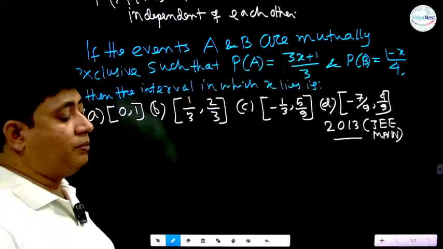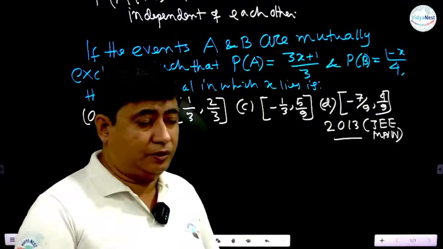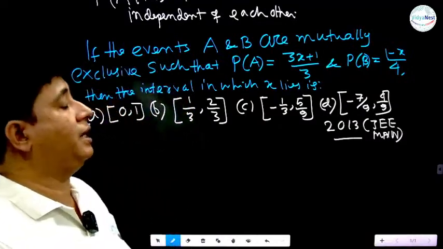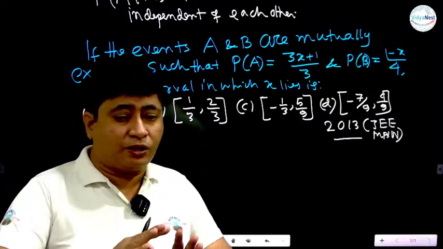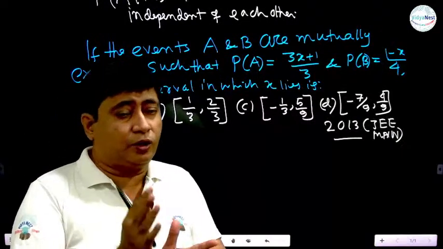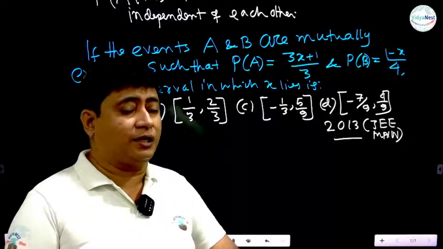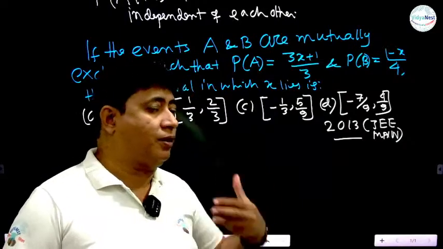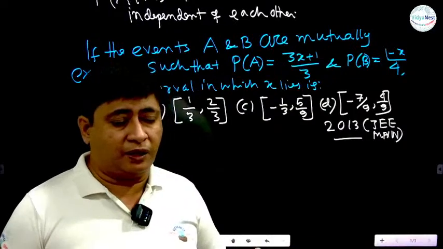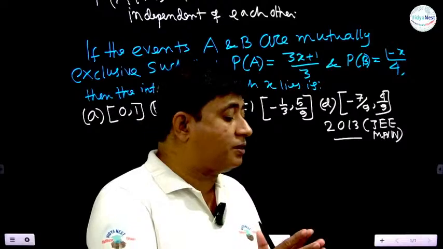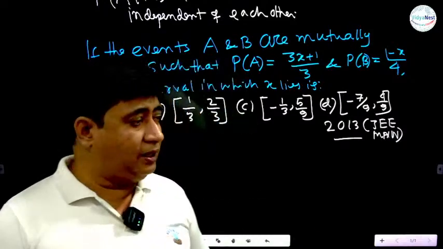Actually, the main part of probability is confined to class 12. In class 11 the chapter is superficially touched, so all sums from probability cannot be done. In class 12, Bayes theorem, conditional probability, so many things are there. I have just got a question from you.